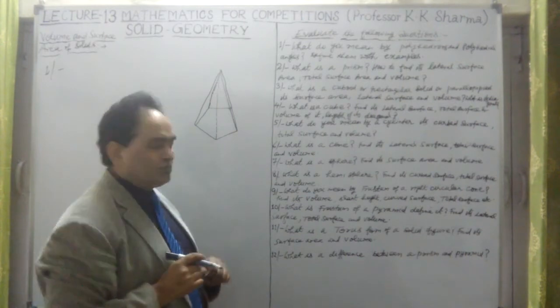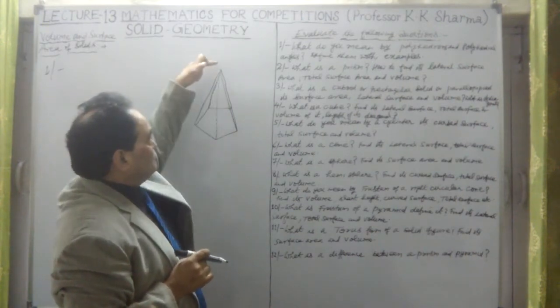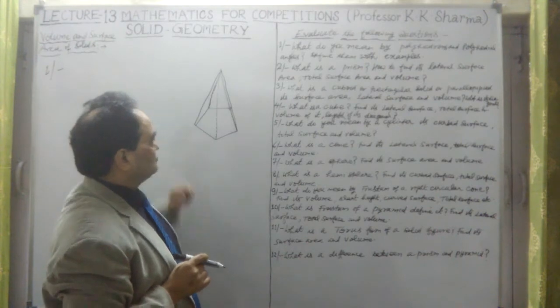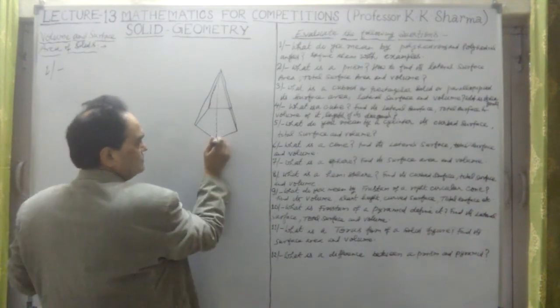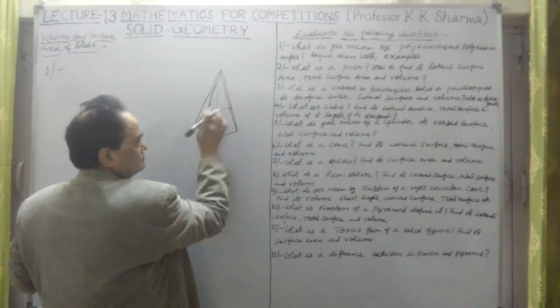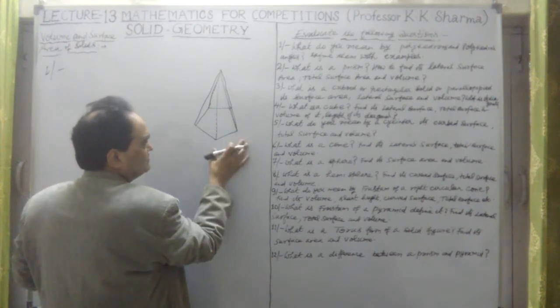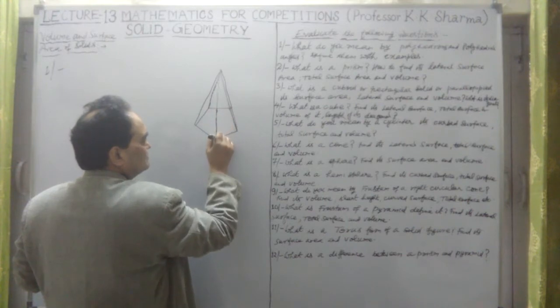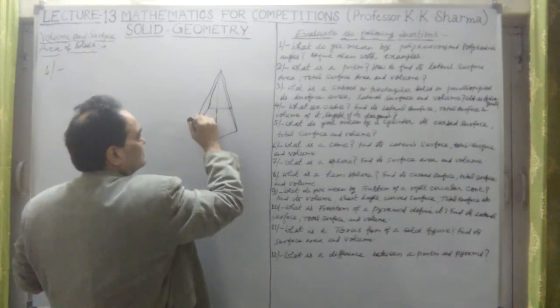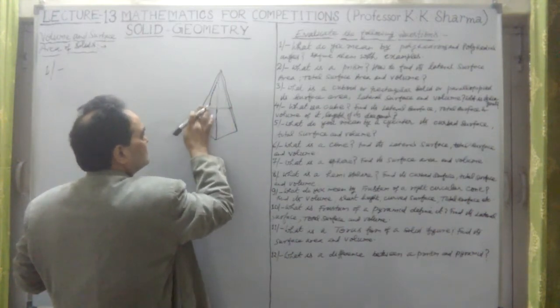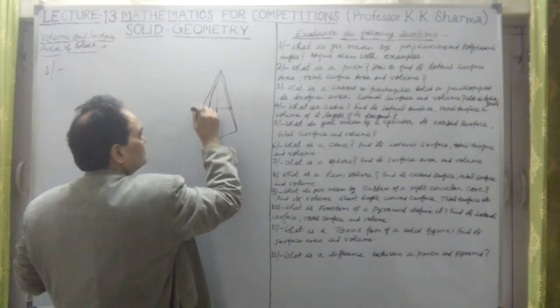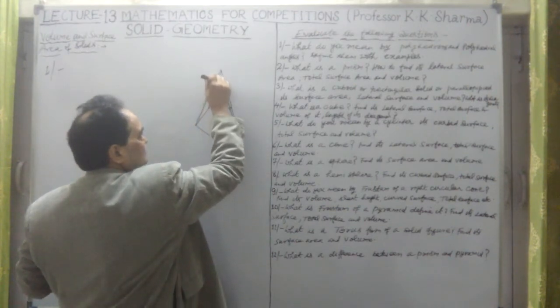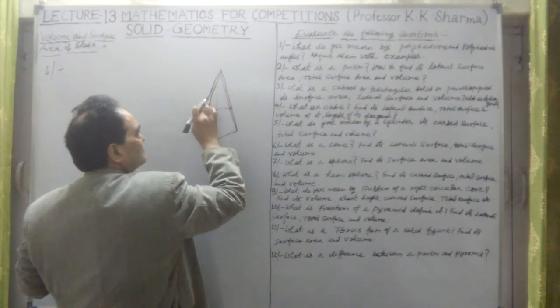Polyhedron means when the top is a vertex, when the vertex is joined to the vertices of the base, the polygon is the base, in this case. In this case, these are the triangles, the faces of this polyhedron.